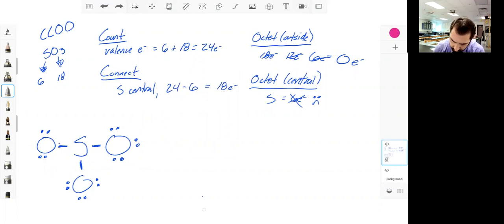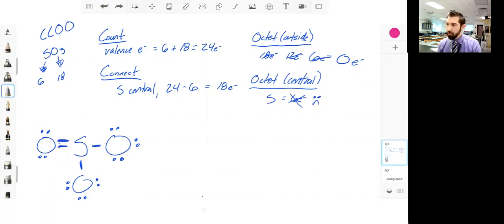Now let's take a look at this oxygen. For this oxygen, you'll notice that now it's got 1, 2 electrons coming from this bond, 1, 2 electrons coming from this bond, and then it's got 5, 6, 7, 8. So that oxygen does now have an octet.